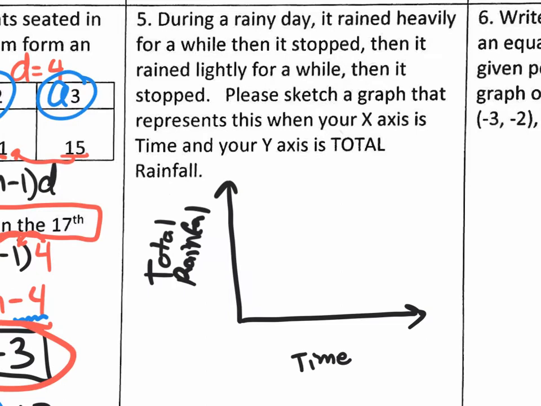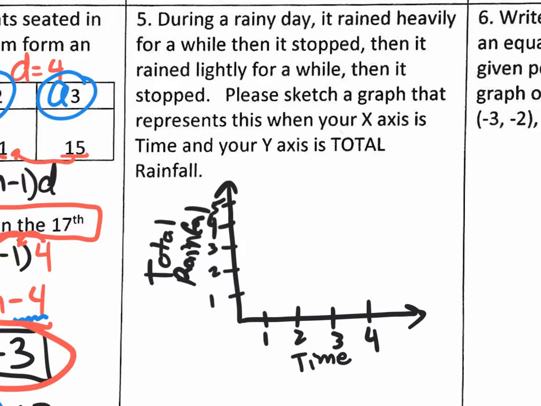That's ugly. Sorry. But this guy's total rainfall. This is time. I don't know if you want to put hours. You can put like 1 hour, 2 hours, 3 hours, 4 hours, right? And then total rainfall, you could say inches, right? 1 inch, 2 inch, 3 inch, 4 inch, 5, okay?